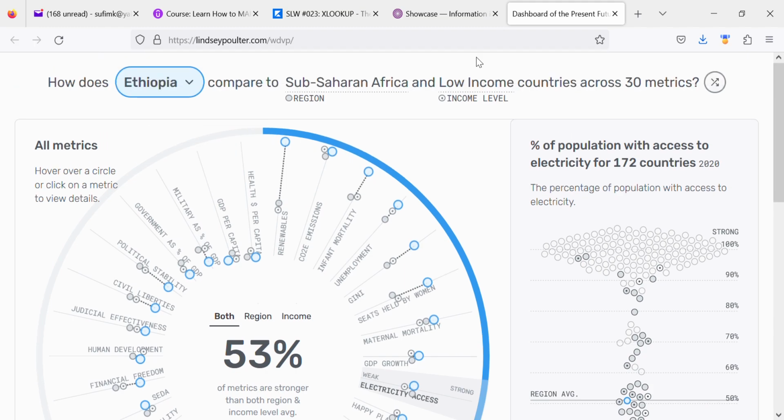Ethiopia is performing well in renewables, which is 100%. Carbon dioxide emission is 0.2. Infant mortality is 3.2, unemployment 3.7%, the Gini coefficient is 33, seats held by women is 43%, maternal mortality is 400, and GDP growth is 5.6.